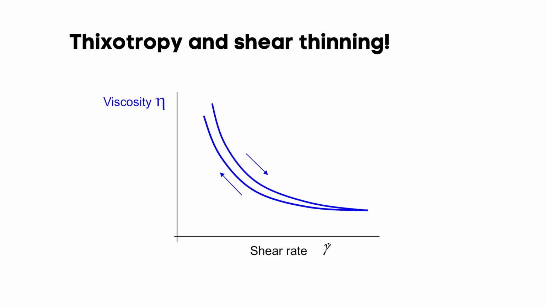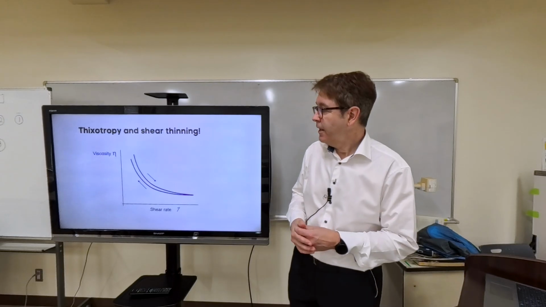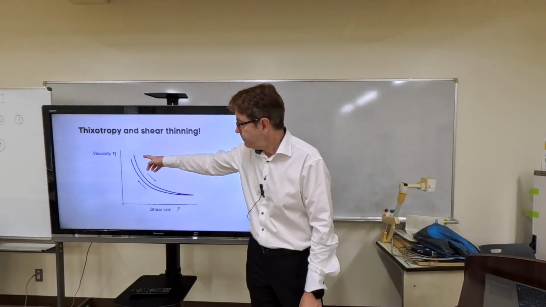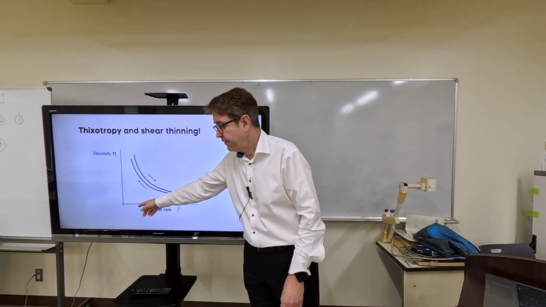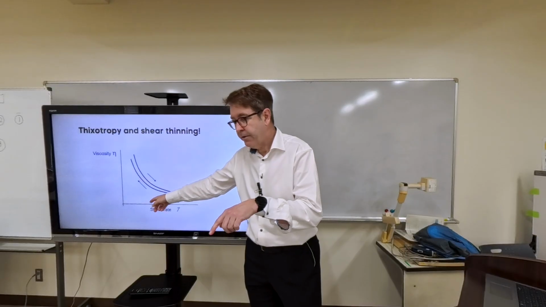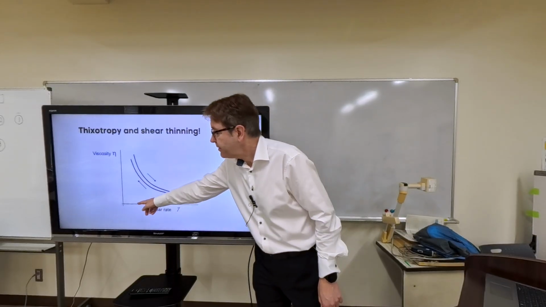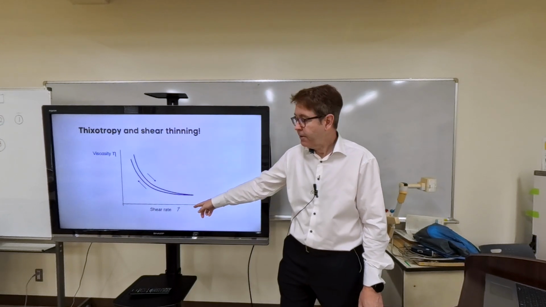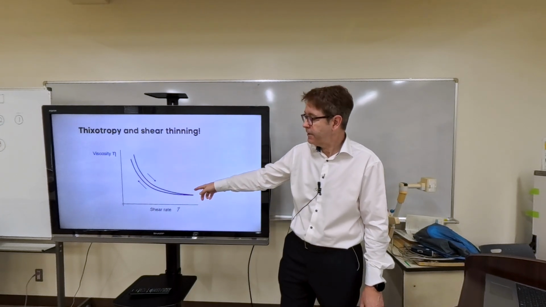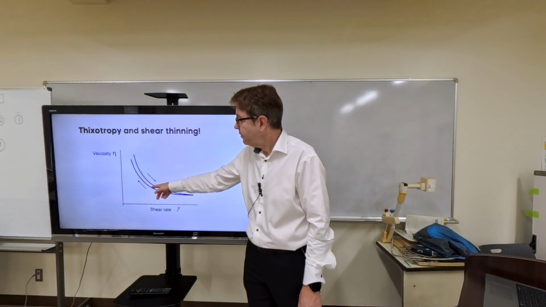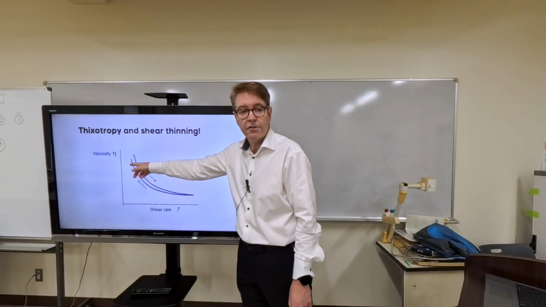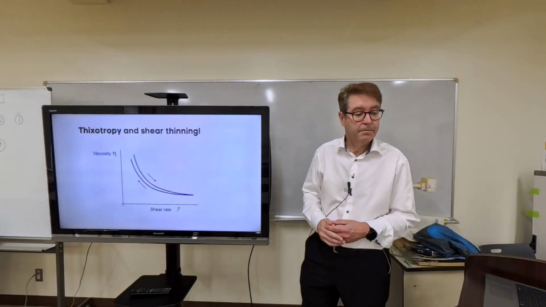And something can be both thixotropic and shear thinning at the same time. That's quite common. If you measure viscosity, you often start with a slow shear rate, then you increase it stepwise, and here it's very fast. But that takes some time, so it has time to break down the structure. So when you go back, you don't go back in the same trace because you have destroyed part of the structure.